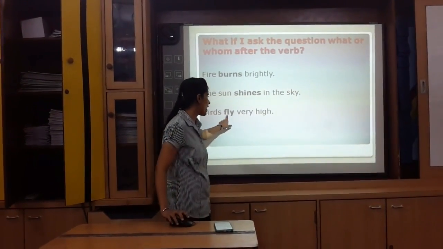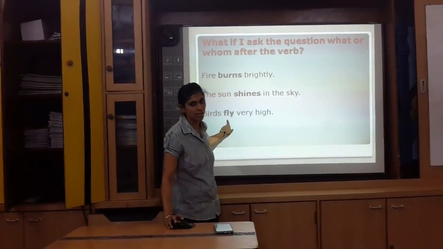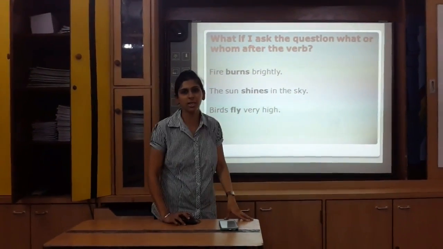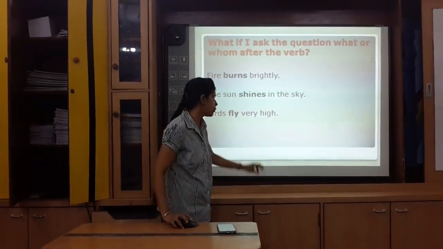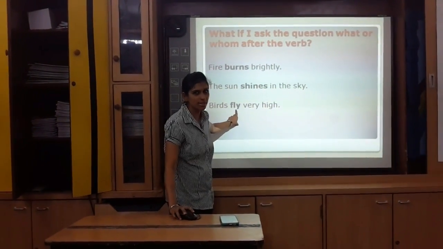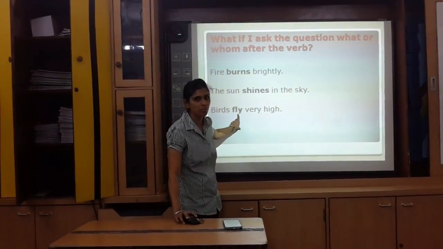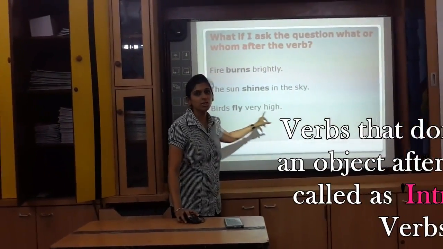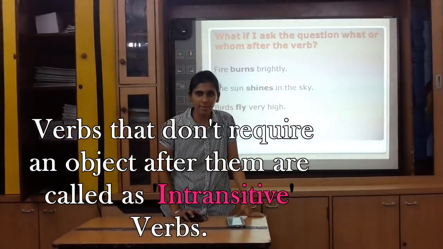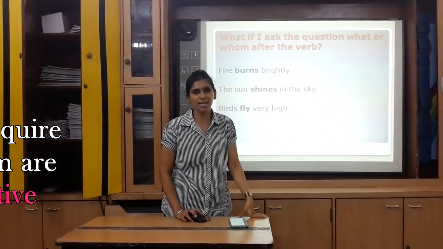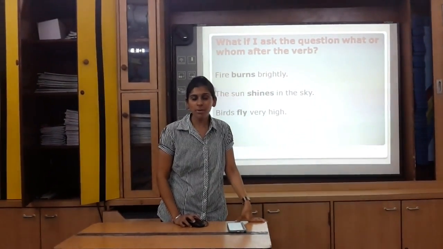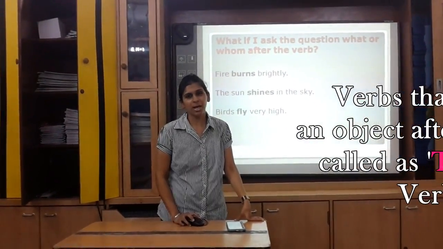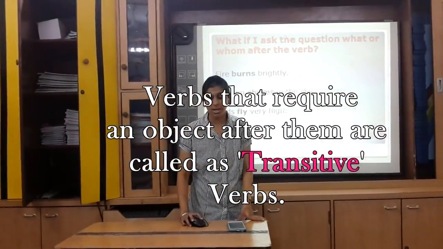Here the verb is fly. Birds fly what? There is no answer. Birds fly whom? Still there is no answer. So these verbs which do not take any object after them are called intransitive verbs. And verbs that take an object after them are called transitive verbs.